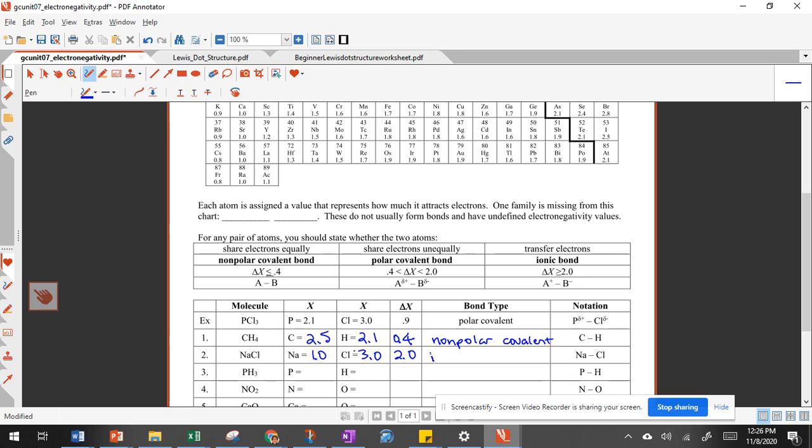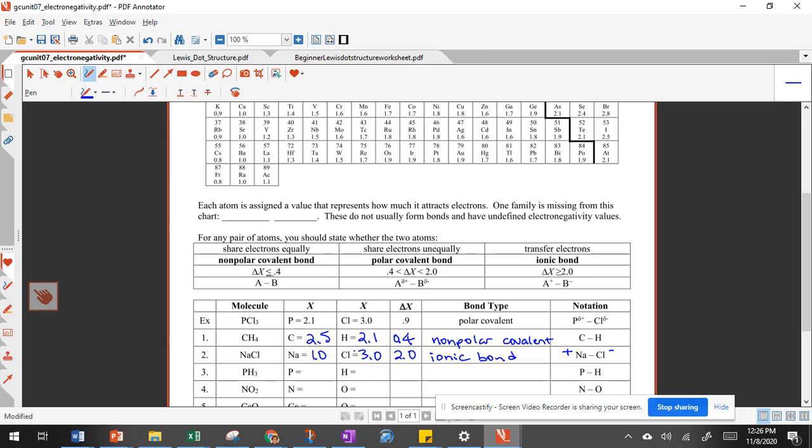So this would be an ionic bond. Now, you could think about chlorine stealing an electron away from sodium. So chlorine should end up with a negative charge, and we know that from the periodic table. Sodium should end up with a positive charge. So that's what we would write for a notation there.